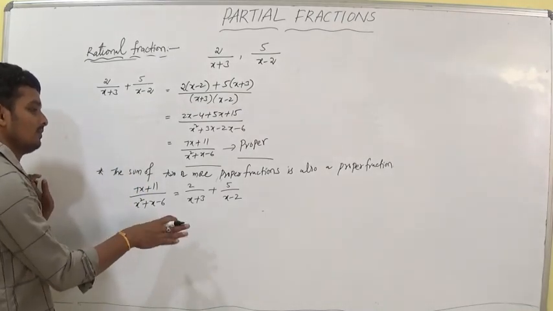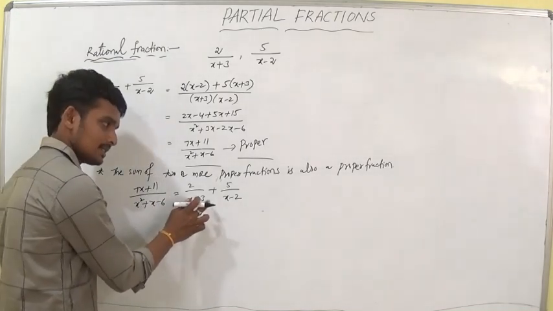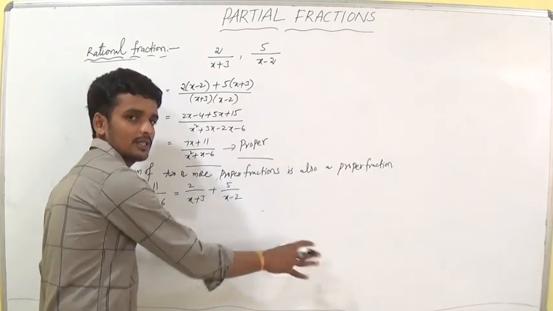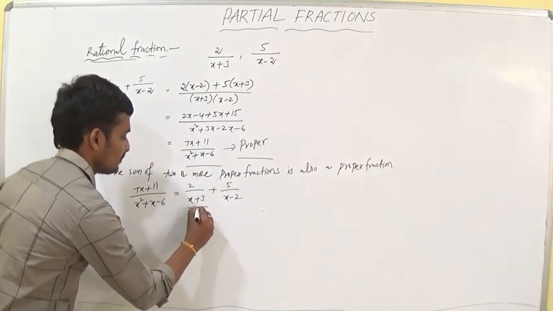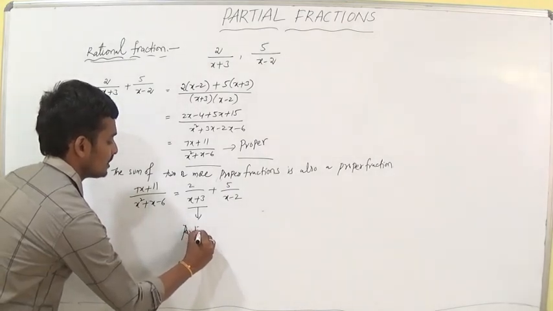The proper fraction can be expressed as the sum of two or more proper fractions. Each proper fraction is called a partial fraction.